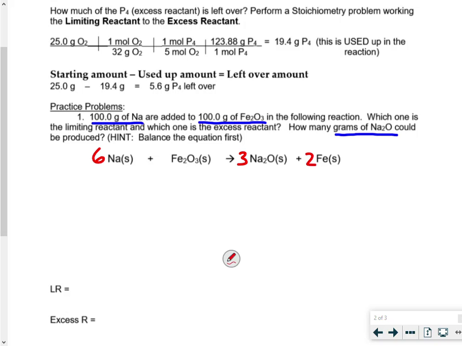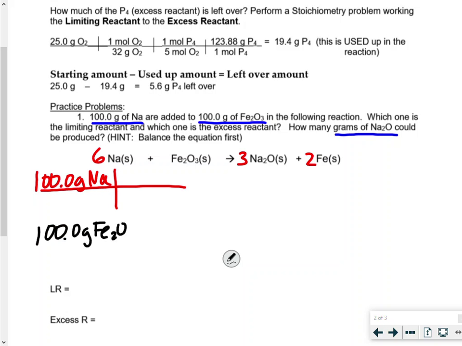So let's start over here. We have 100 grams of our sodium. We have 100 grams of our iron 3 oxide. Now I have to work them both to the sodium oxide product. So when I have grams, I need to do what first? Change it to moles using molar mass.